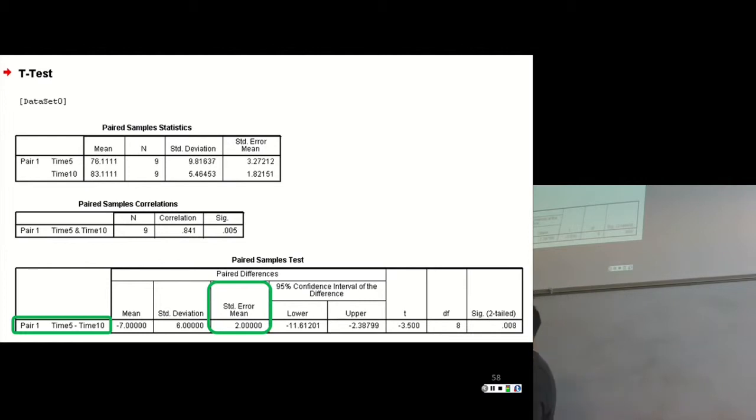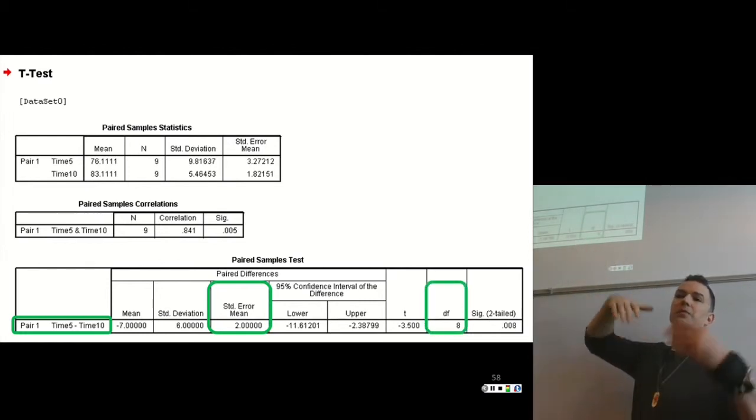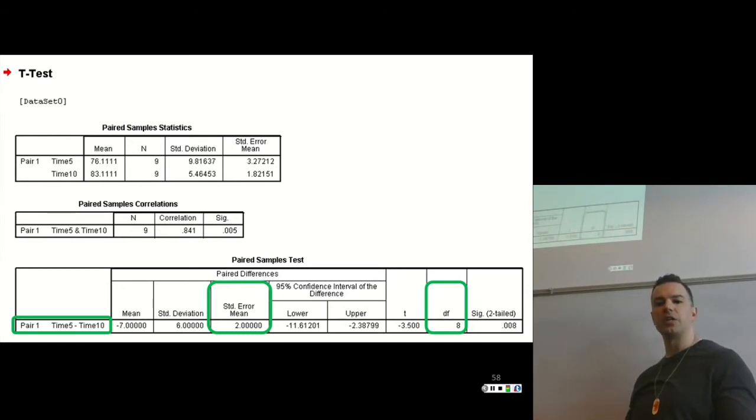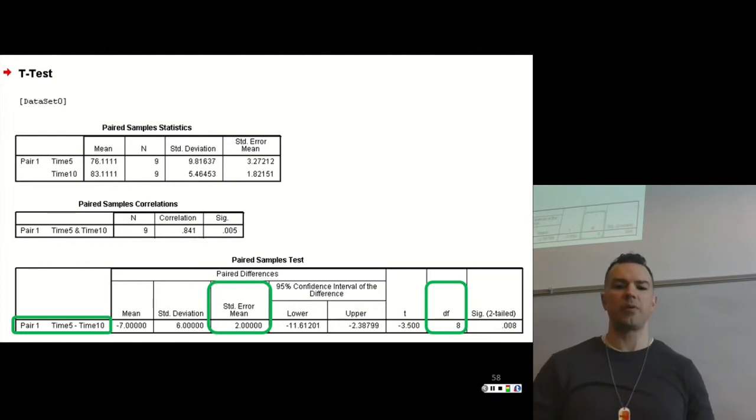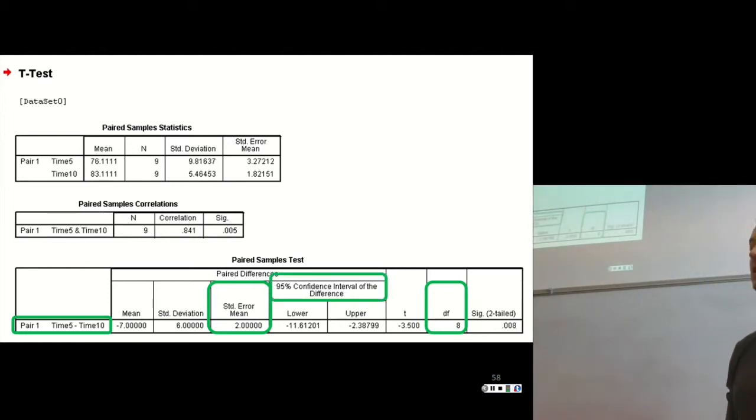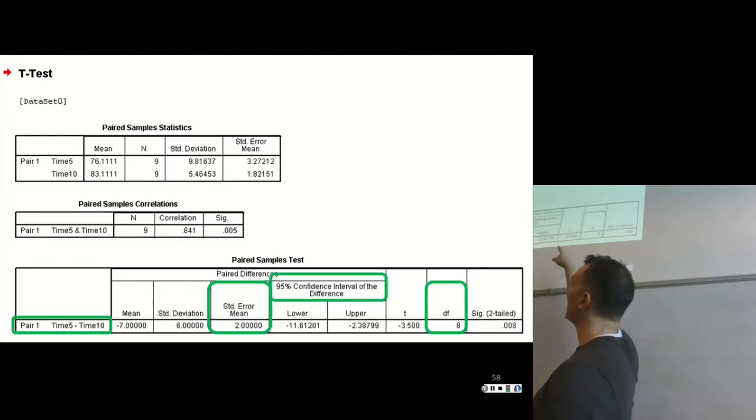If we need to figure out the t statistic specifically, there's your degrees of freedom, so you can look it up in your t distribution table. However, SPSS has done those calculations for us, so we just need to know where to look. And where we look is in that 95% confidence interval of the difference. And that's where we're going to get this information here.